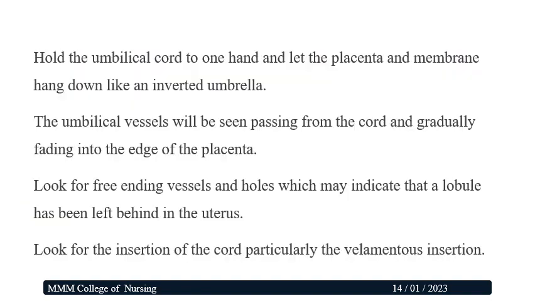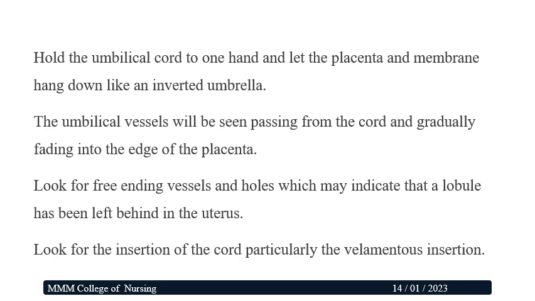Hold the umbilical cord in one hand and let the placenta and membranes hang down like an inverted umbrella. If you hold the umbilical cord with one hand and allow the placenta to fall down, then the placenta along with the membranes will hang down like an inverted umbrella. Why should you do this? In order to examine the completeness of the membranes.